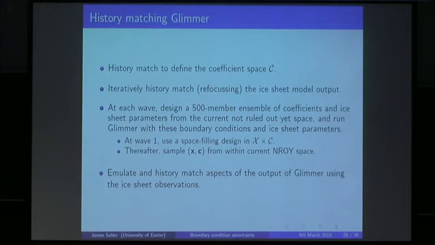We're going to perform a few waves of this to hopefully start cutting out the really bad runs and zooming in on the good regions of this space. We're going to design 500 member ensembles. At wave 1 we just do a space-filling design from the full space, and thereafter we do a design within the current NROI space.